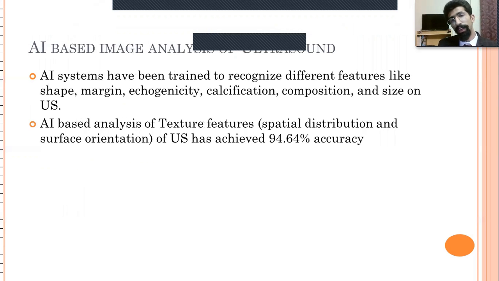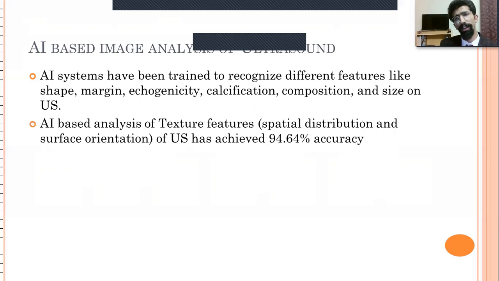As we have already discussed, images are just a bunch of numbers for the machine, and in AI we teach the machine to recognize a pattern in those numbers. Similarly, machines are being taught to recognize these patterns in ultrasound images.